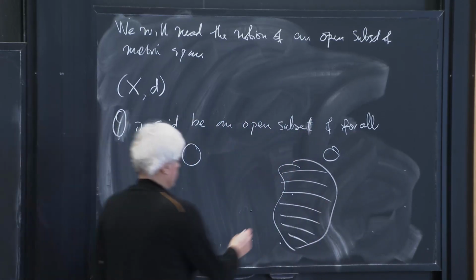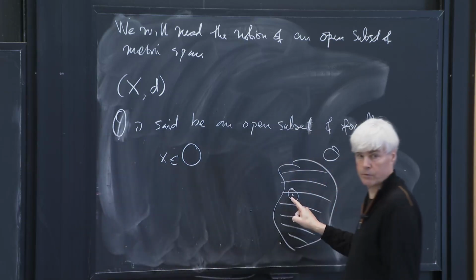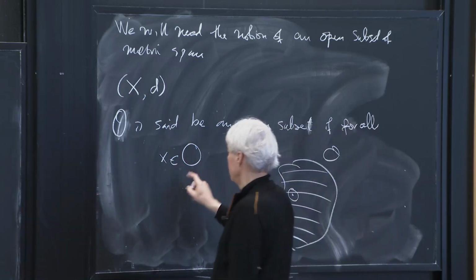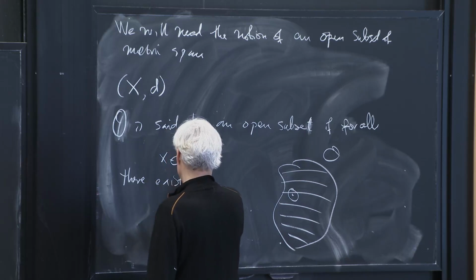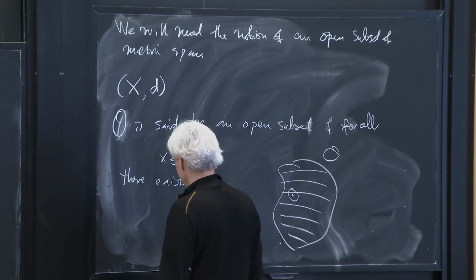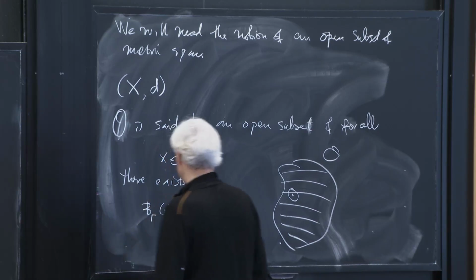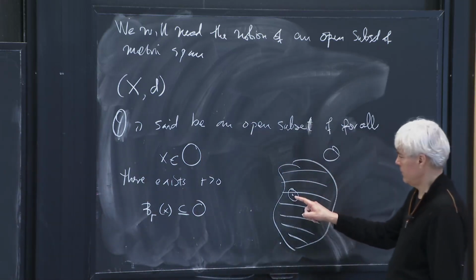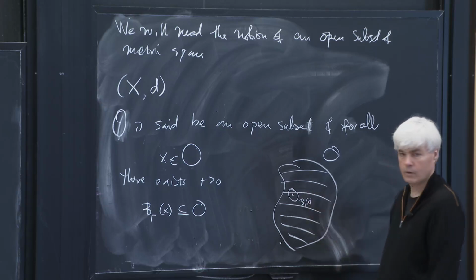The idea is that for each element, there is some ball centered at that point. It may be incredibly small, but not just x, the whole ball around x is contained in the open set. So you see that not just this point here, but the whole ball here would have to be contained in O.